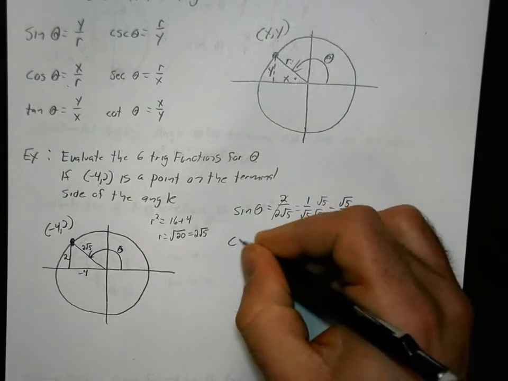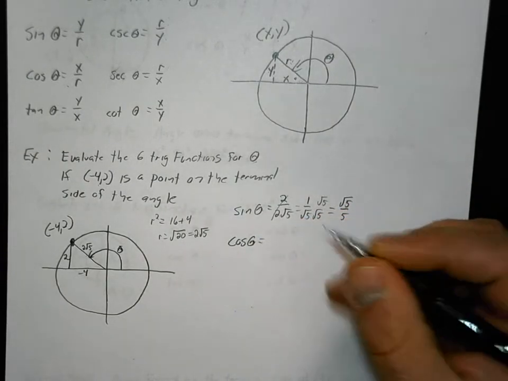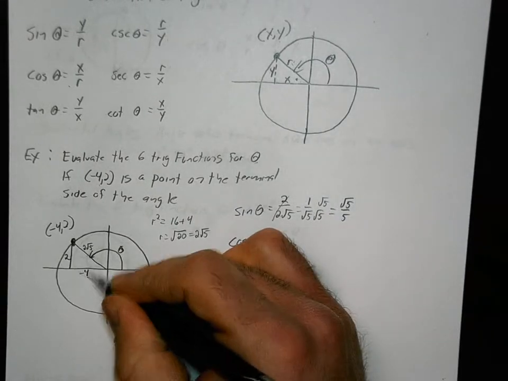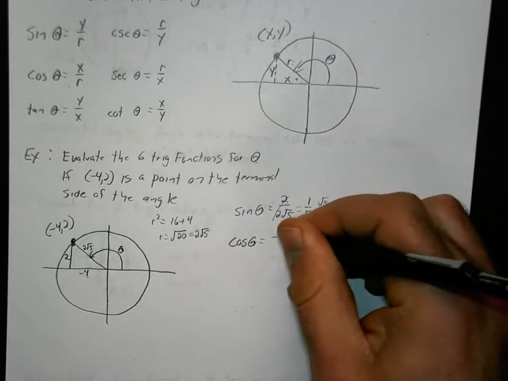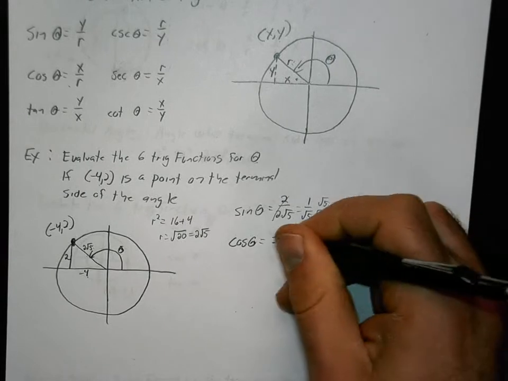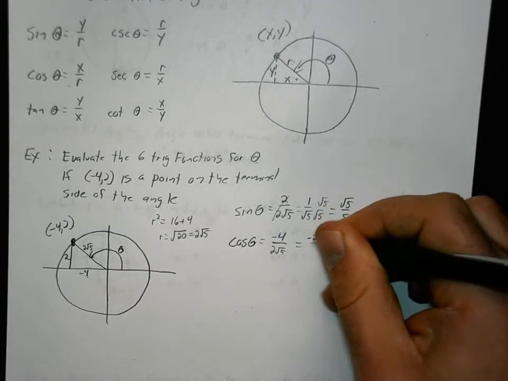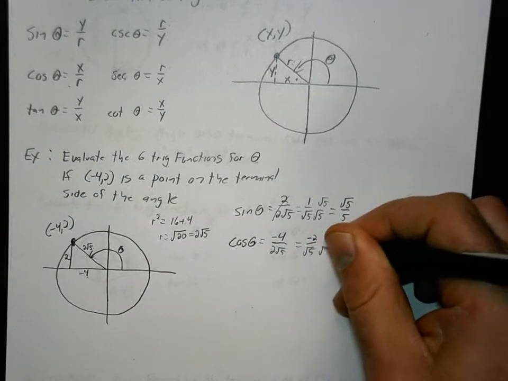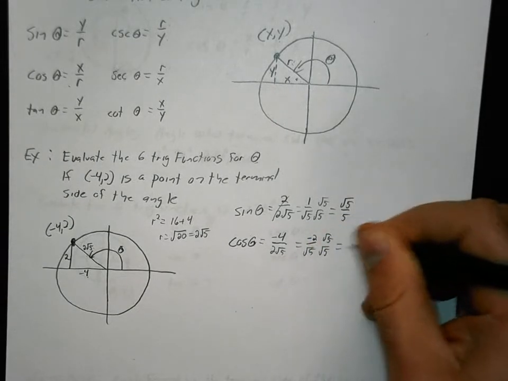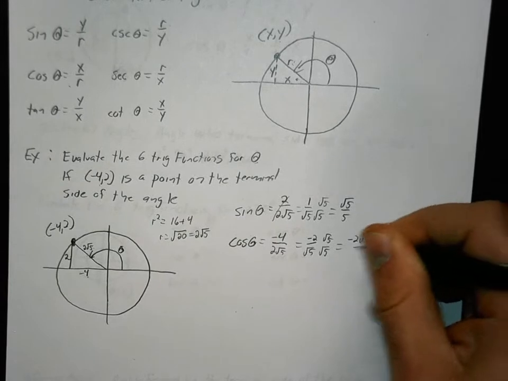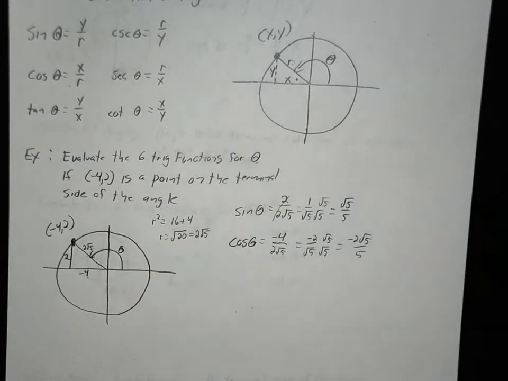Cosine of theta is x over r, so it's negative 4 over 2 square root of 5, which is negative 2 over square root of 5, which I can rationalize and get negative 2 square root of 5 over 5. So that's that one.